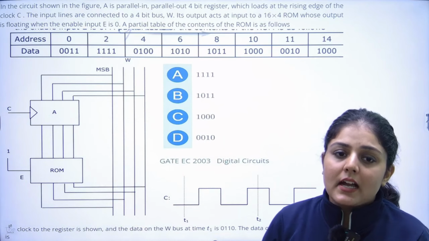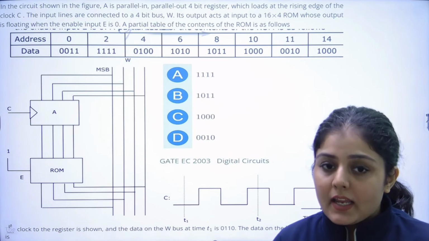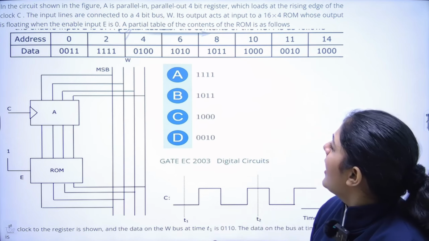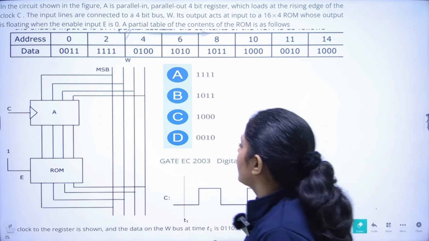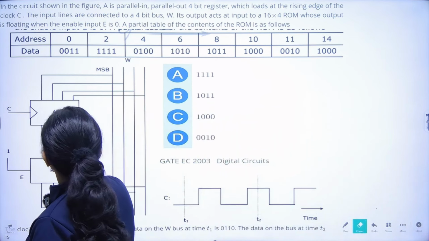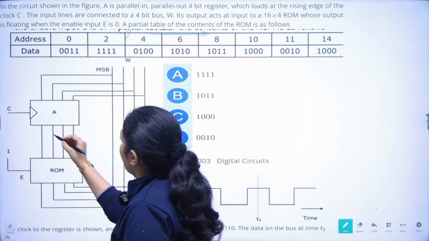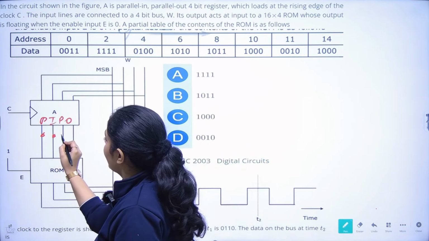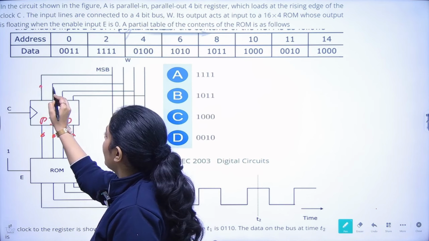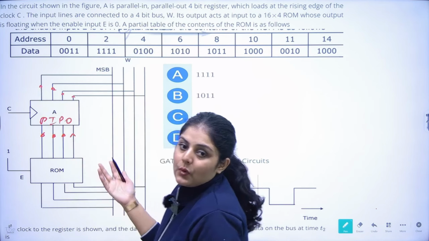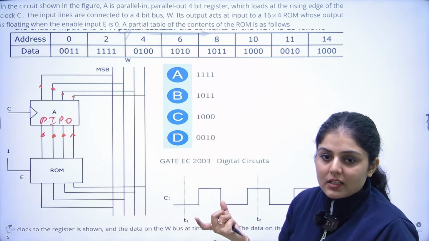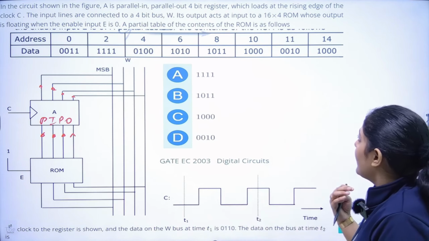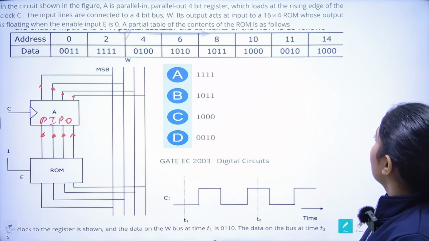The question says that in the circuit shown in figure A, a parallel in parallel out 4-bit register is given. So A is your parallel in parallel out register. That means it is taking the inputs parallelly and giving the outputs parallelly. 4-bit input data is coming in parallelly and 4-bit output data is going out parallelly, which loads at the rising edge.